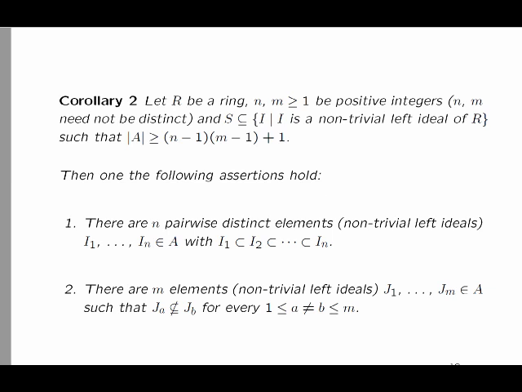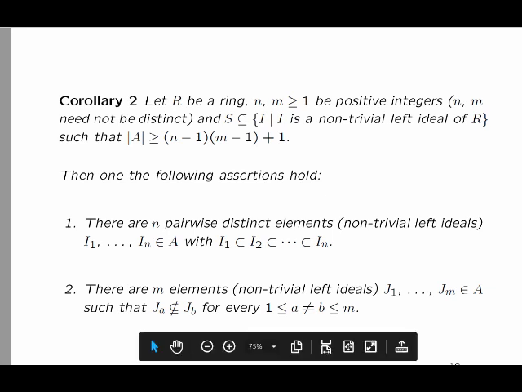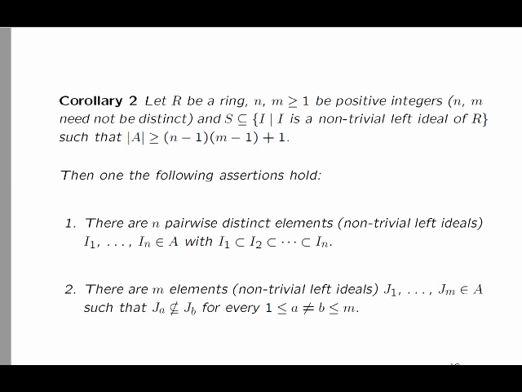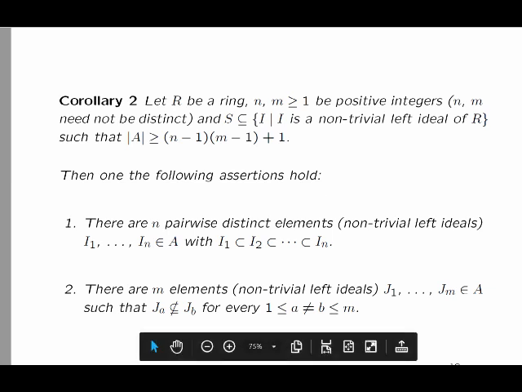If you select 13 distinct ideals in Z, what should you have? We said 5 and 4. I should have 5 ideals, again this A is supposed to be S, where I1 is a subset of I2 is a subset up to I5, or you should have 4 ideals out of the 13 we selected.